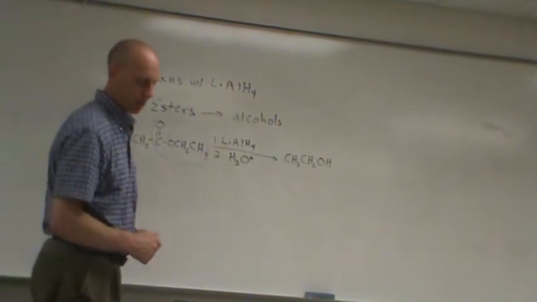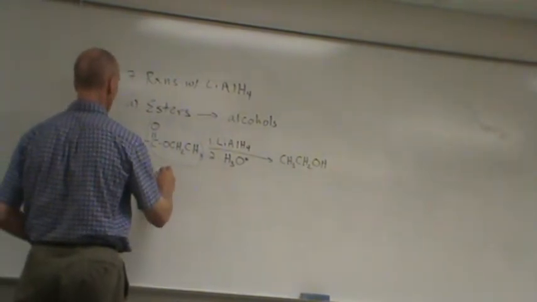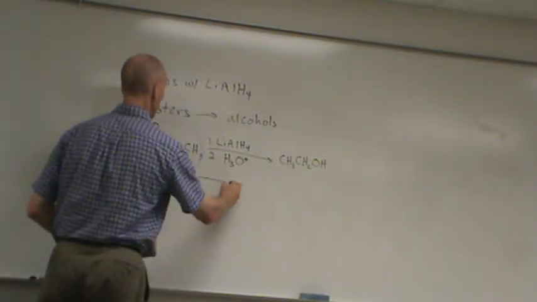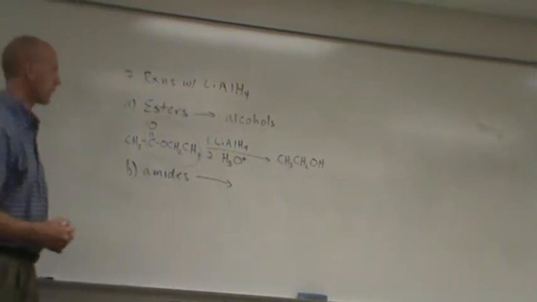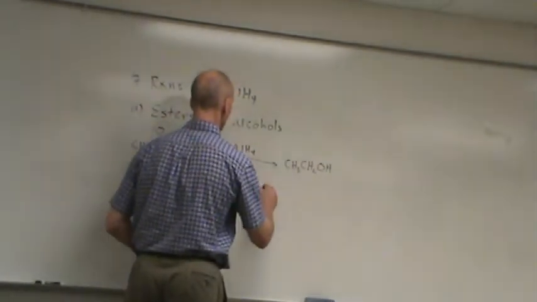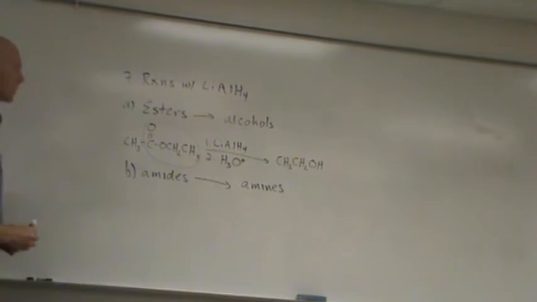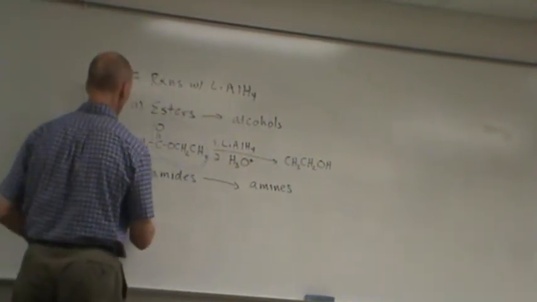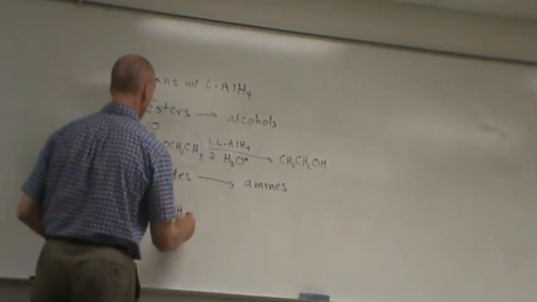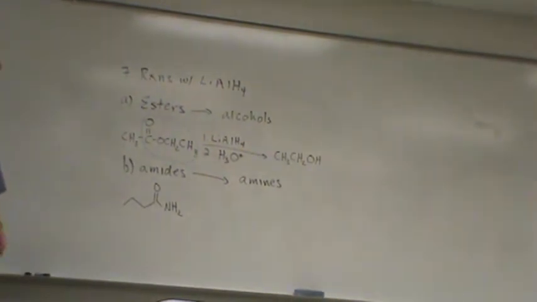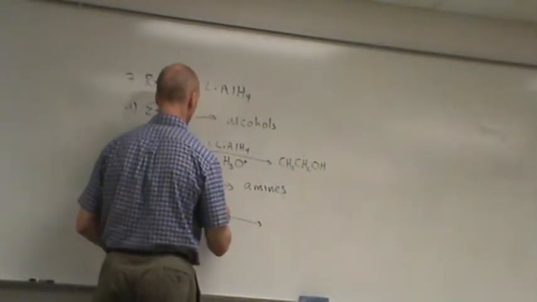Let's go to the next reaction. That's the amides. What do you think amides will get reduced to? Amines. So the amides get reduced to amines. Let's suppose we had something like this, where we had butanamide, and we did our reduction reaction.